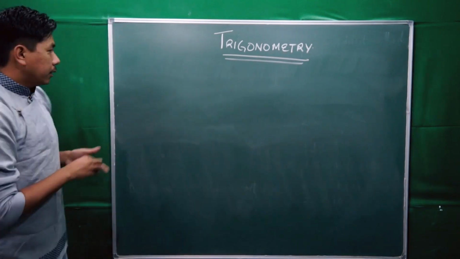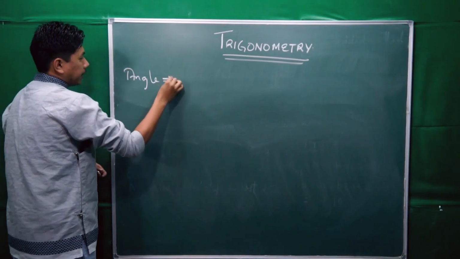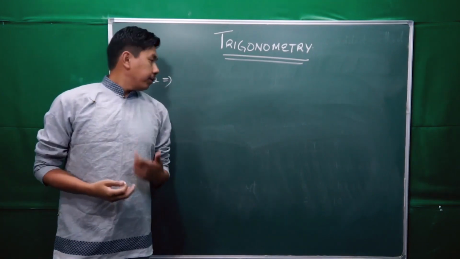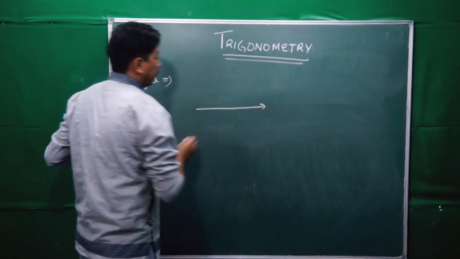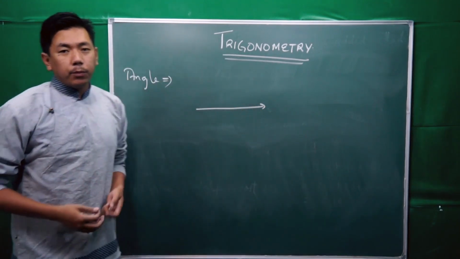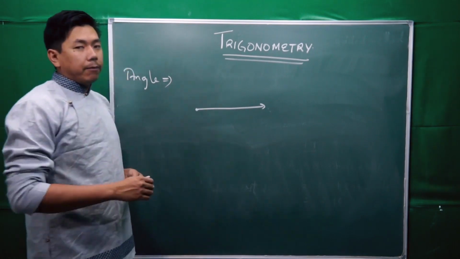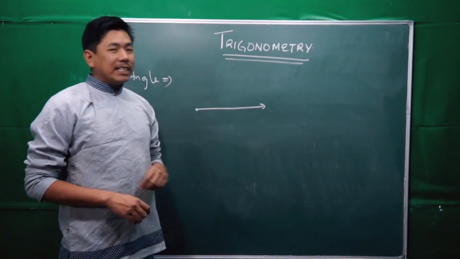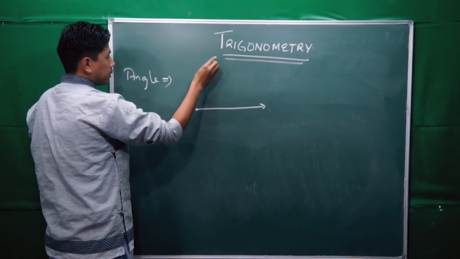So the first thing that we talk about is angle. Since it's the basis of trigonometry, what is an angle? For an angle, what we need is to understand what a ray is. Say a ray is traveling in this direction and it is shifting in such a way that it is moving upwards.